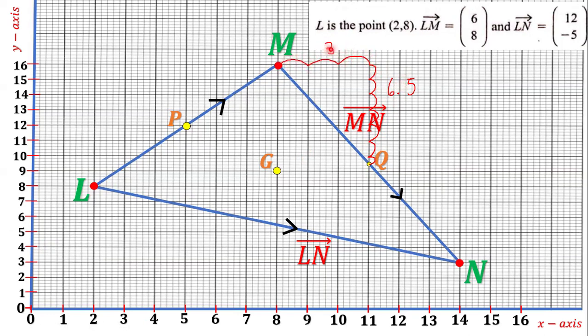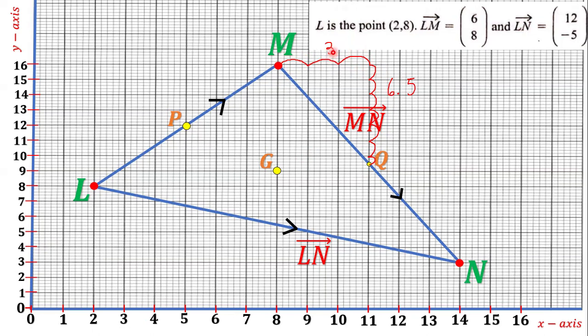Now, technically, if we were writing the components, this would be -3 because we move left. But it's fine because we just want the amount of times, not the signs now.